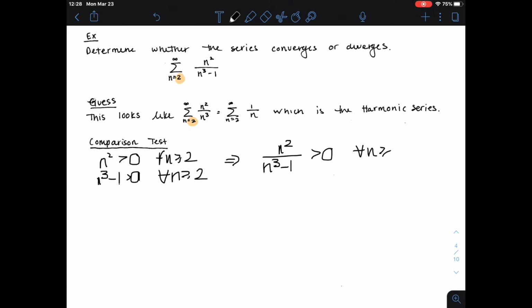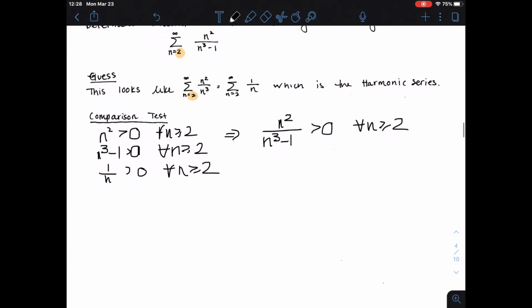And this is true for all n greater than or equal to 2. And then same thing, just 1 over n. That's clearly going to be positive for all n greater than or equal to 2. So both of these series have positive terms.